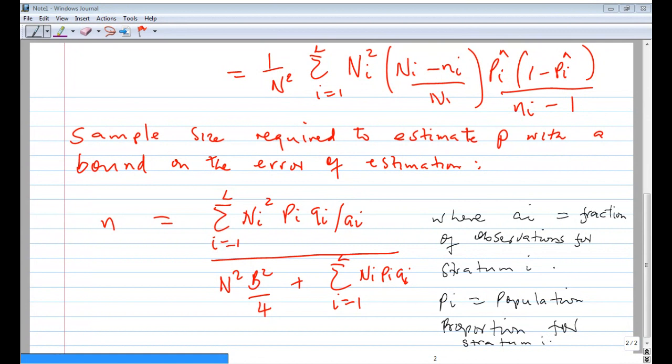So this is the formula that you can use to calculate the overall sample size required to estimate the population proportion in stratified random sampling.